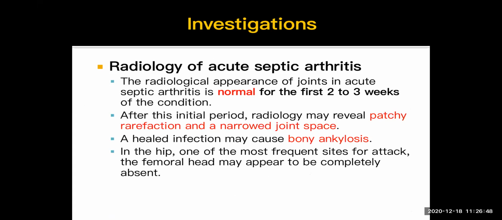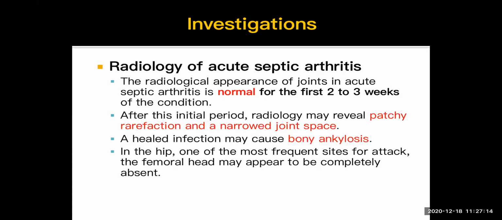Now let's move on. What are the other investigation we like to do in case of septic arthritis? This is radiology. So let's talk about this, and then we take a short break after this. Regarding the radiology, it may look normal for the first 2 to 3 weeks of the condition because the destruction has not occurred in the joint till now.